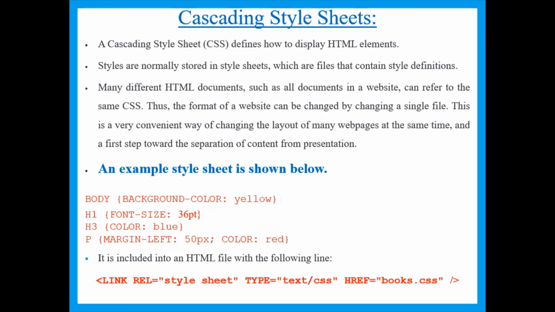Many different HTML documents, such as all documents in a website, can refer to the same CSS. In order to refer to the same CSS from an HTML document, we make use of a link. That link is going to add the CSS file in order to design the website.